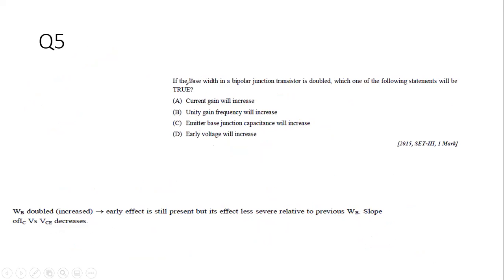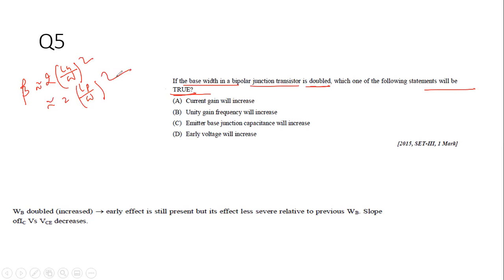Next question is, if the base width in a BJT transistor is doubled, which of the following statements will be true? Base width is doubled. Beta is 2 times (Ln by W) whole square, or you can say (Lp by W) whole square. So what will be the effect?